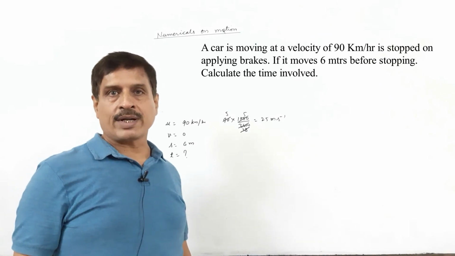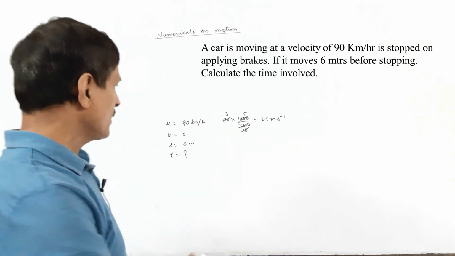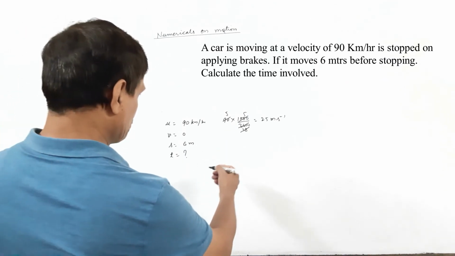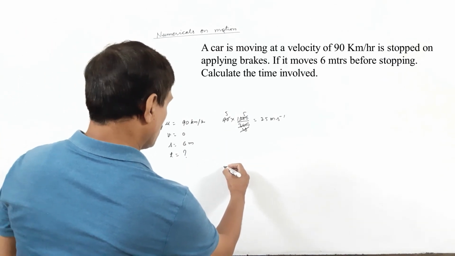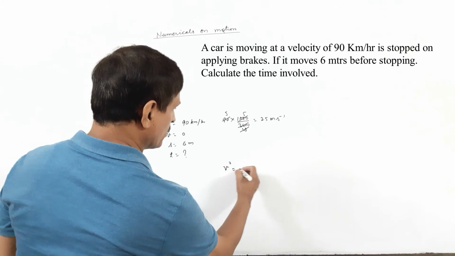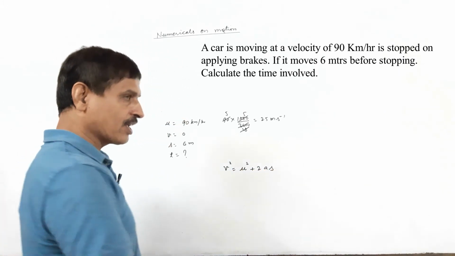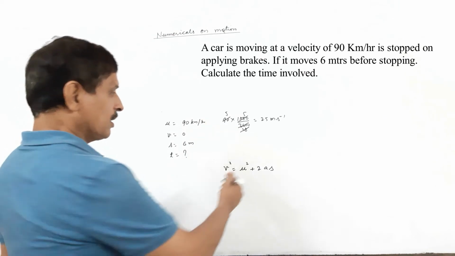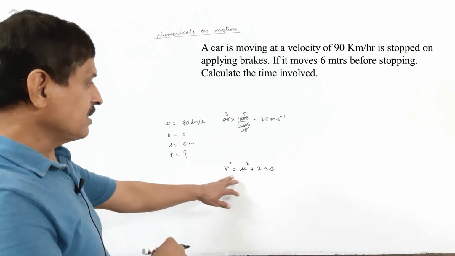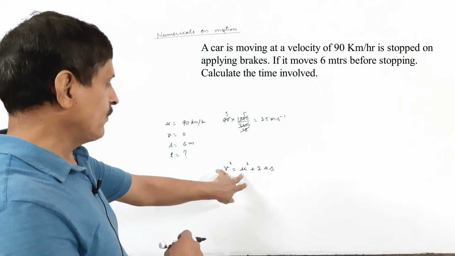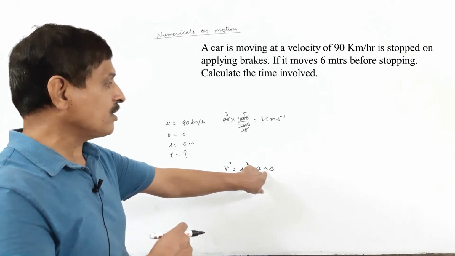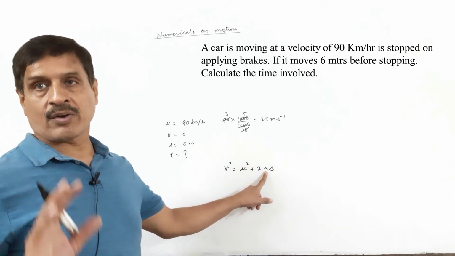Now first we will calculate the acceleration. We have v² = u² + 2as. We can use the third equation of motion, because in this equation v is given, u is given, s is given, and only the quantity acceleration is required.